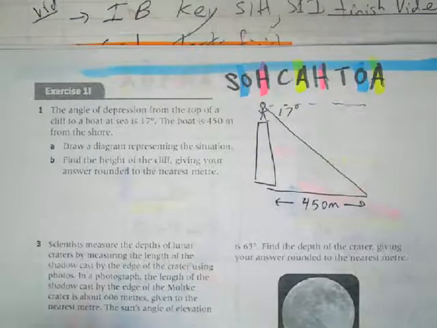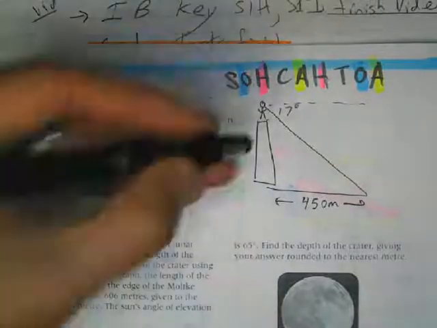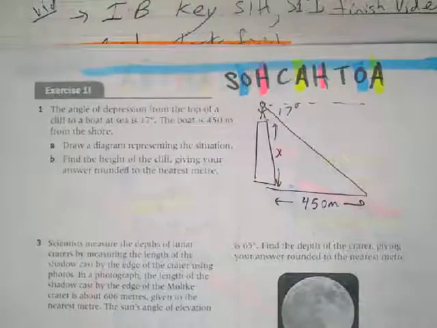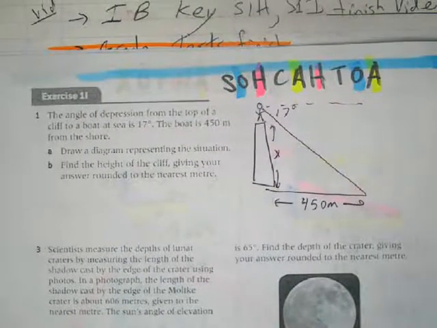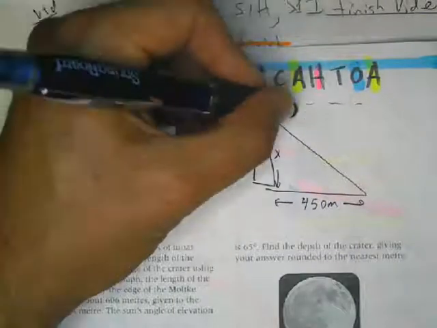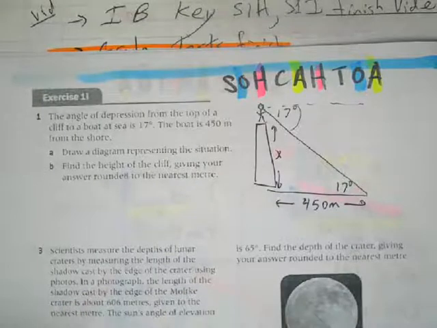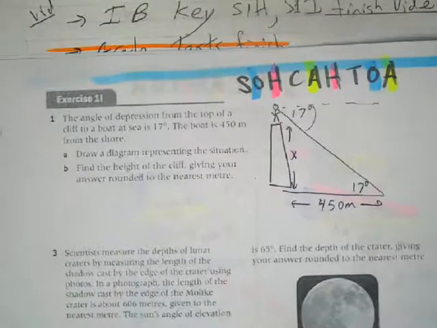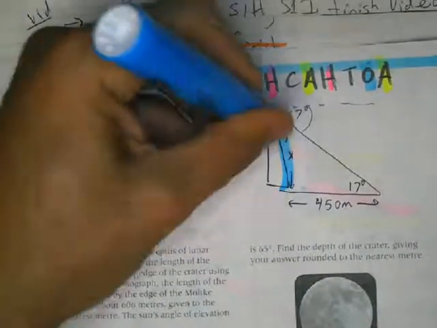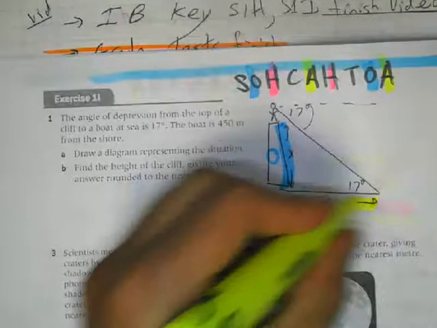Draw the diagram, which we just did. Find the height of the cliff. So this height here is x. There's a couple different ways you can do it. Once again, that's 17. I could say that this is 17 because those are alternate interior angles. And so now we can say this is opposite, and this here is adjacent.